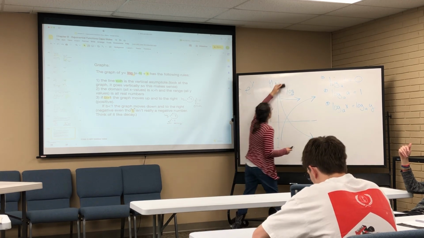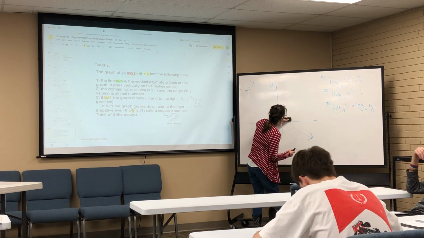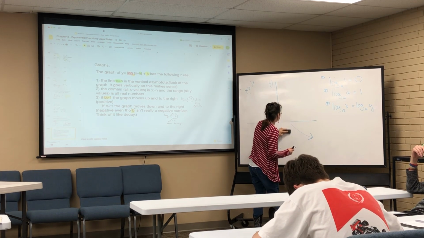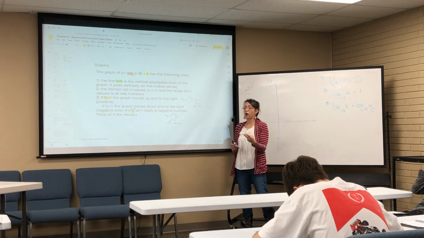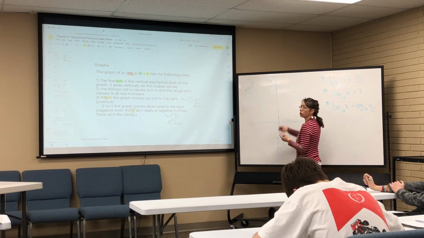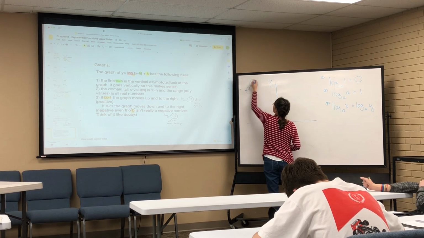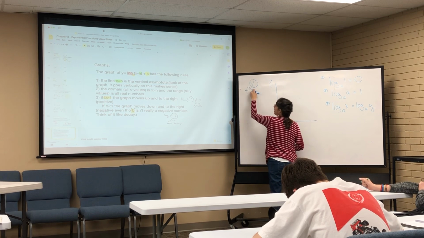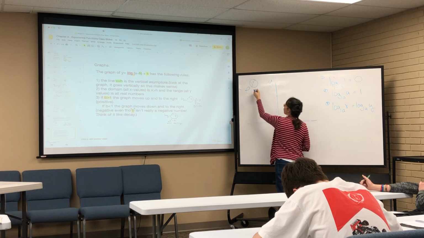So how do we actually graph them? Well, we learned when we dealt with our exponential graphs that the base of a graph always started at 0, 1. That's because when x equals 0, any number raised to a 0 equals 1.